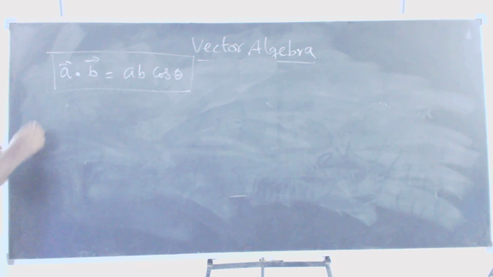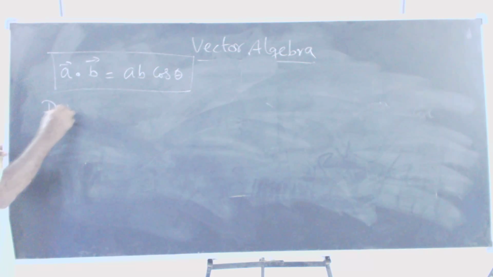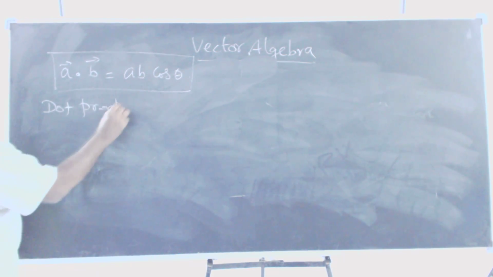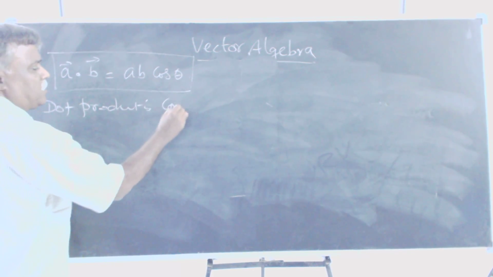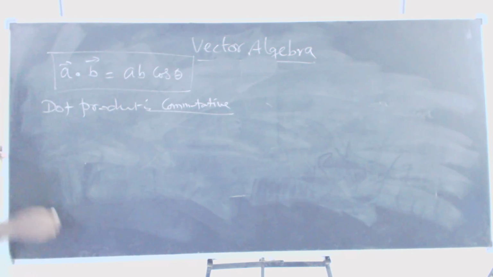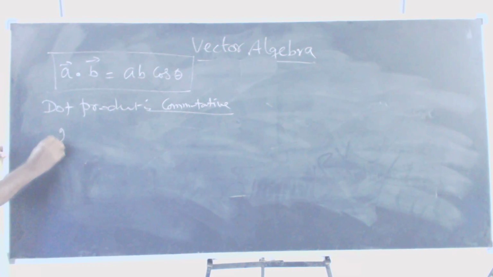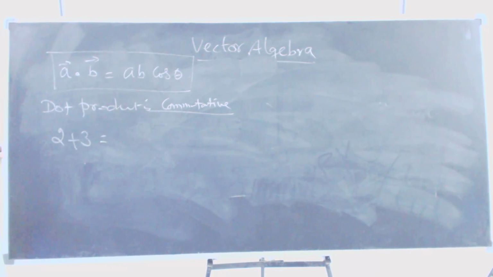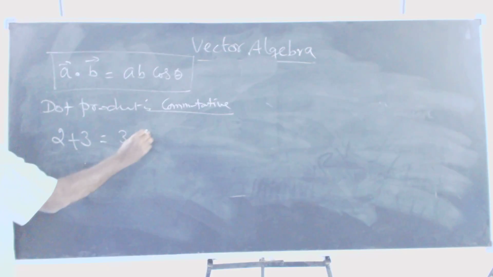இப்போ நம்ம ஃபர்ஸ்ட் ப்ராப்பர்ட்டி என்ன சொல்லணும்? Dot product is commutative. கம்யூட்டேட்டிவ் மீன்ஸ் வாட்? இப்போ 2 + 3ன்னு போடுறோம், அதை 3 + 2ன்னு எழுதலாம்.